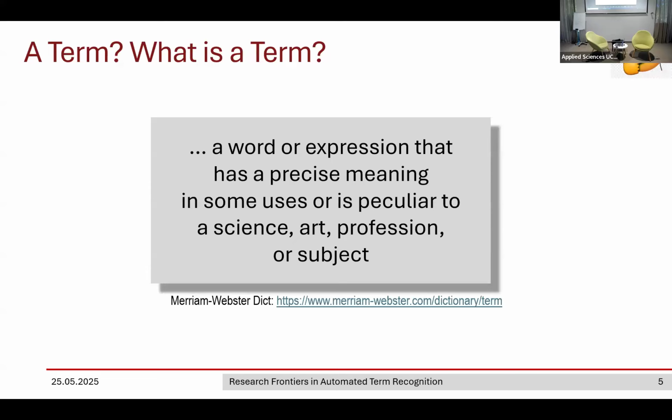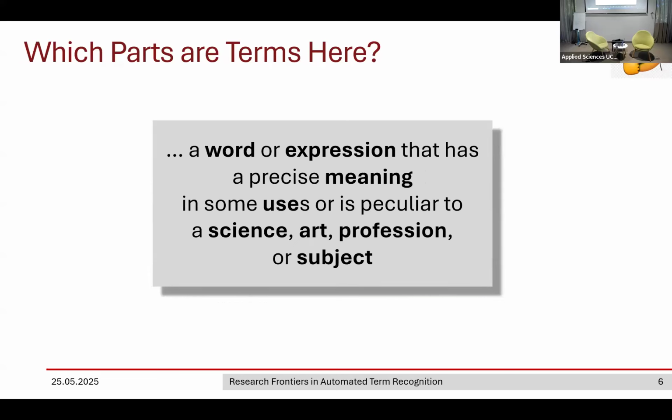So, which parts are terms here in this definition? I highlighted something and bolded something. Is a word a term, or expression, or a meaning with a qualifier precise, a use, science, art, profession, a subject?